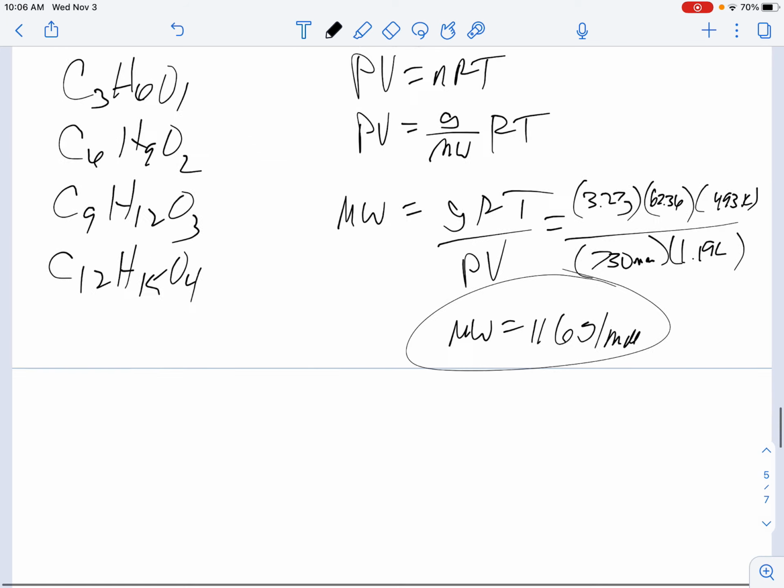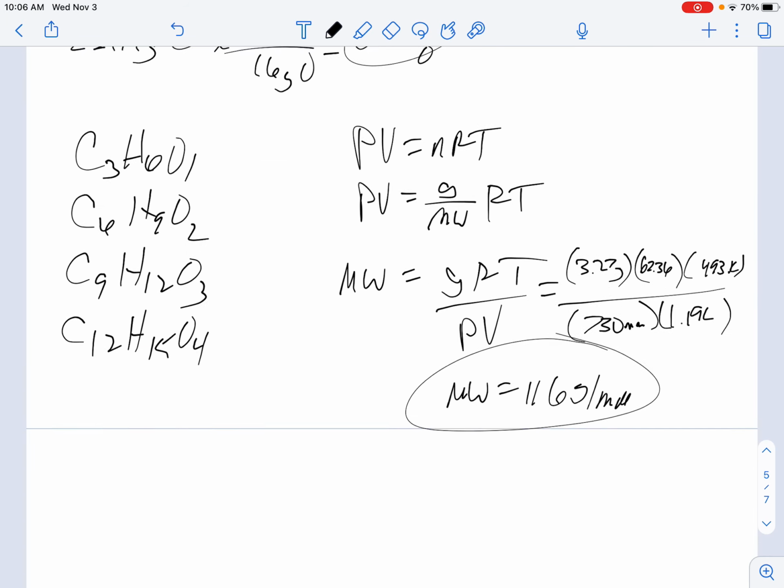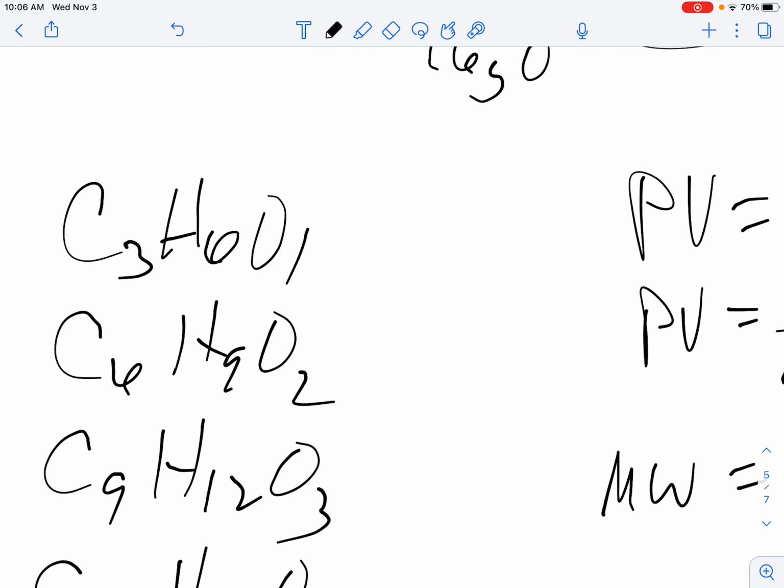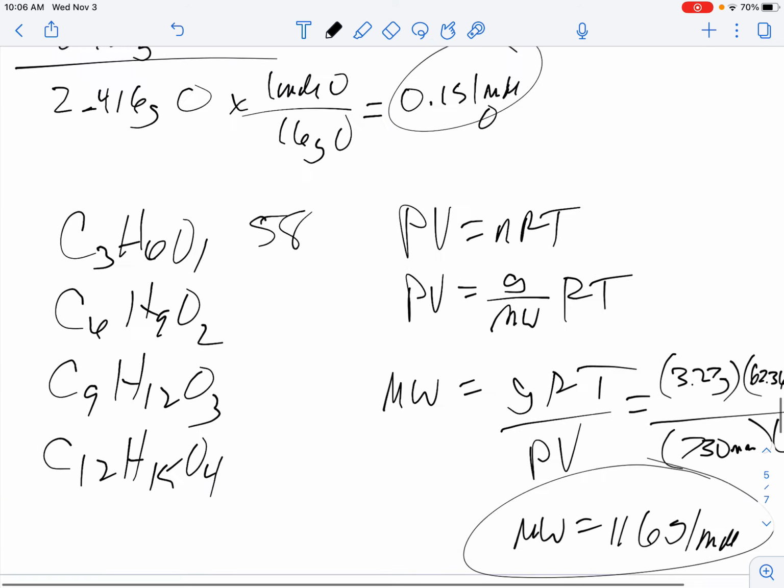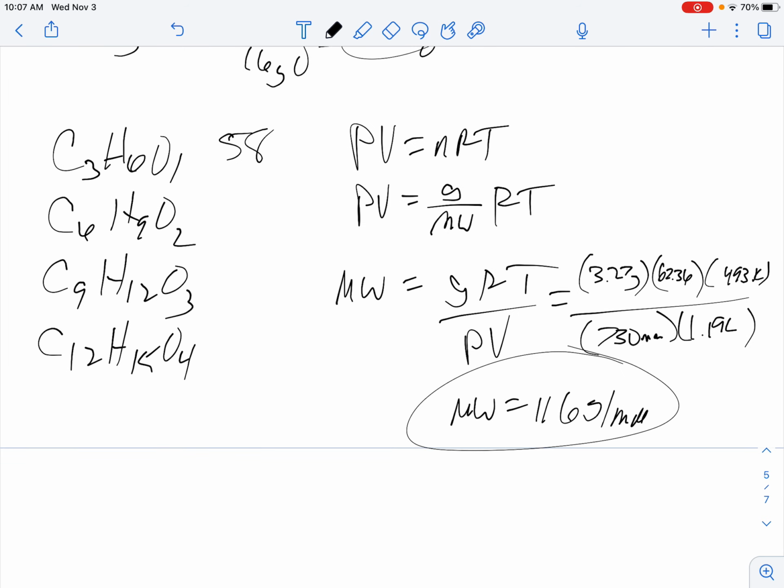So which of these guys weighs 116? Well, let's see. The empirical weighs 3 carbons, 6 hydrogens, and an oxygen, 58. So this one here weighs 58, and I'm just trying to get to 116, so I think it's pretty obvious that it's the second iteration.